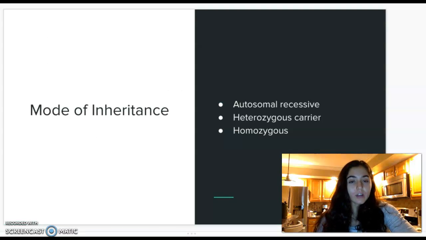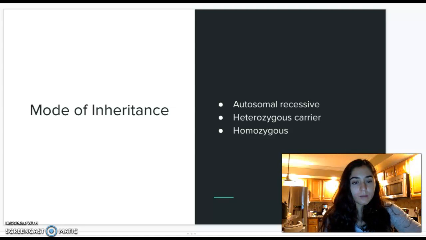So the mode of inheritance of this disorder is autosomal recessive. I'd like to go over some of the vocabulary related to inheritance. One of those being heterozygous and homozygous. As a heterozygous carrier, you have a dominant and recessive allele.